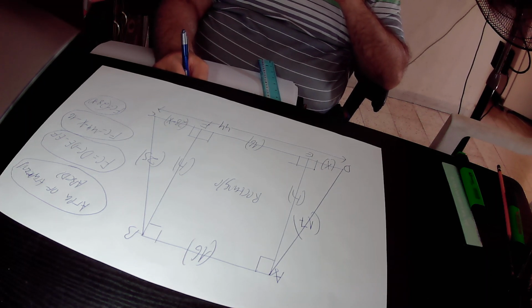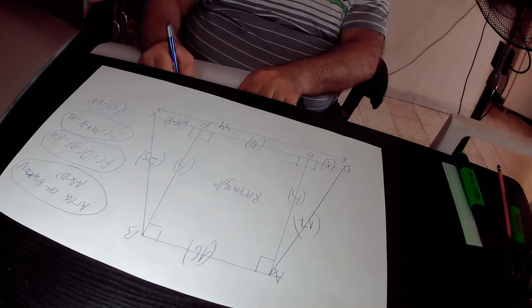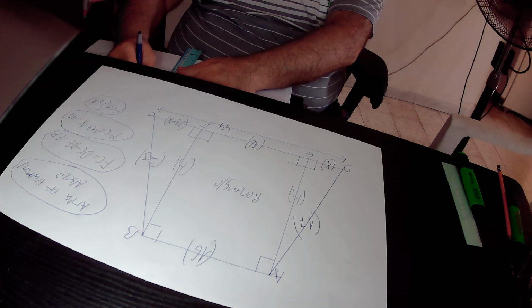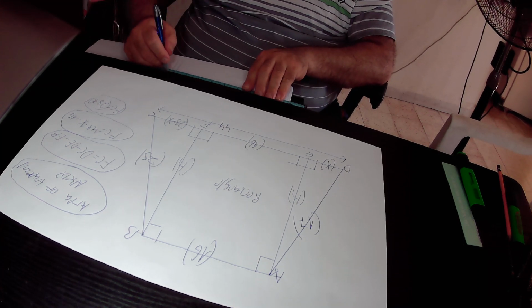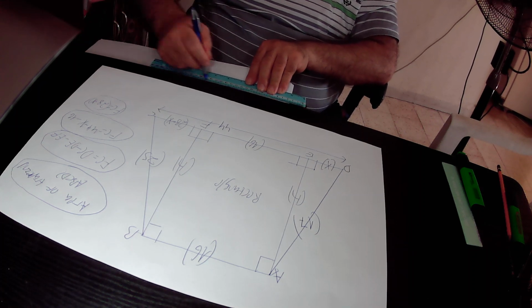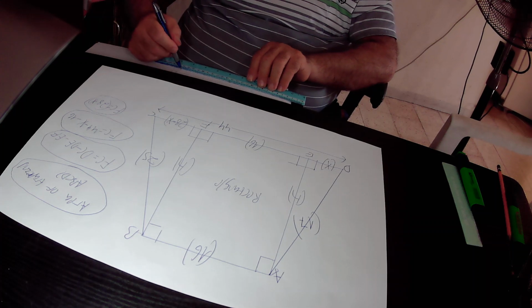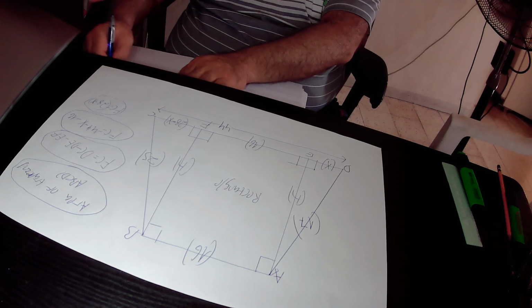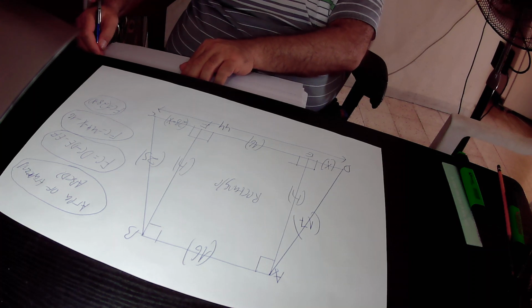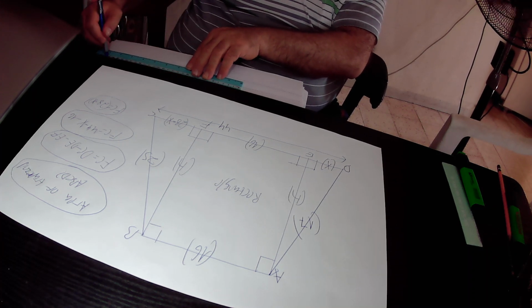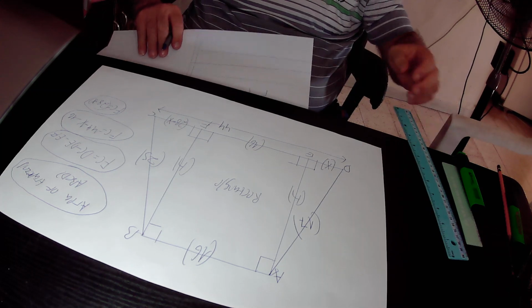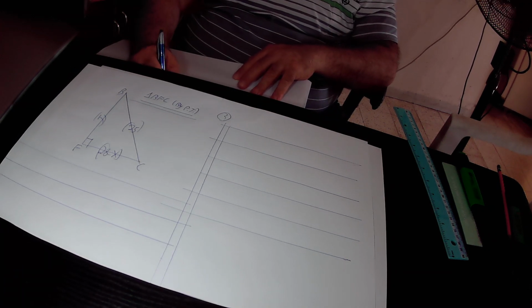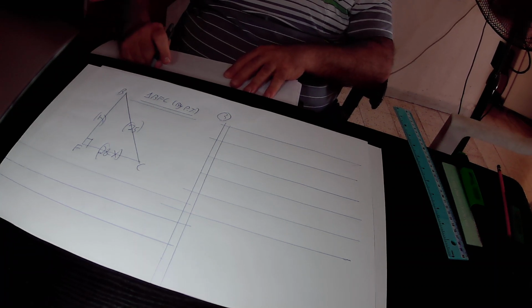Here, PT stands for the Pythagoras theorem. So actually, this is the right triangle BFC that I copied from the original drawing.